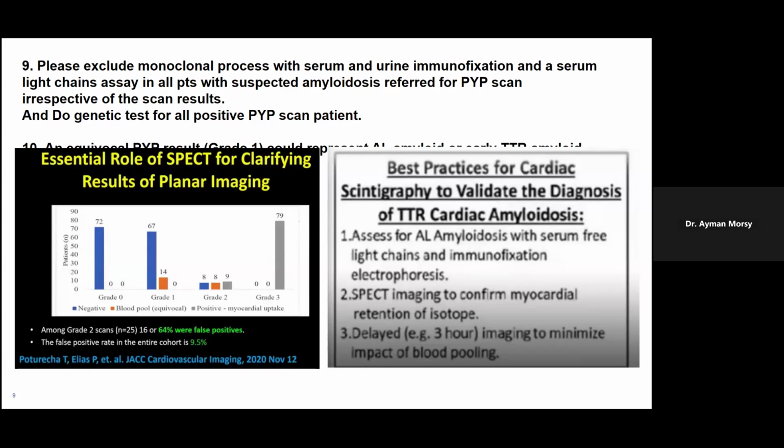Then SPECT imaging to confirm myocardial retention of isotopes, meaning delayed 3 hour, not 1 hour, imaging to minimize the impact of blood pooling. For me, this is one of the key points for any cardiologist who wants to practice in an amyloid clinic.